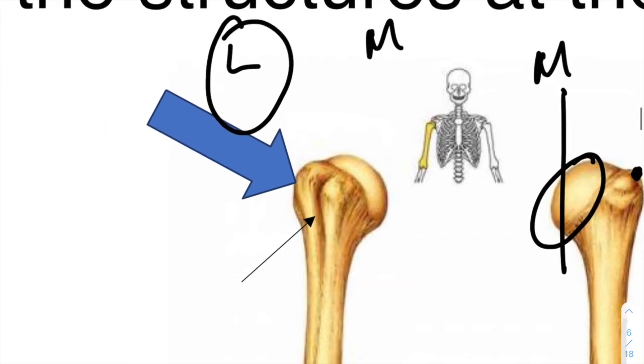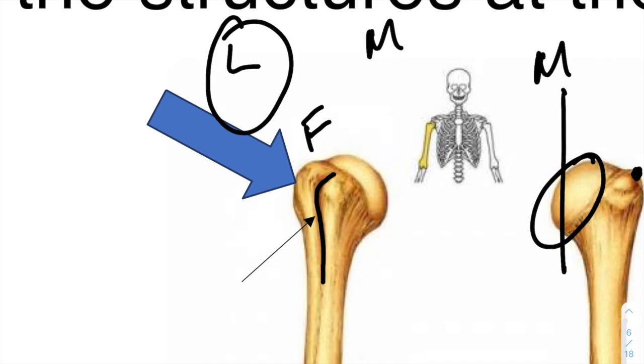Now there's another thing that we want to pay attention to, which is this tiny little black arrow. Again, this is the front of the humerus that we're looking at. We notice that there's this little ridge in between the greater and the lesser tubercles. We call this the intertubercular groove. Inter meaning between, and tubercular meaning the tubercles, so between the two tubercles.